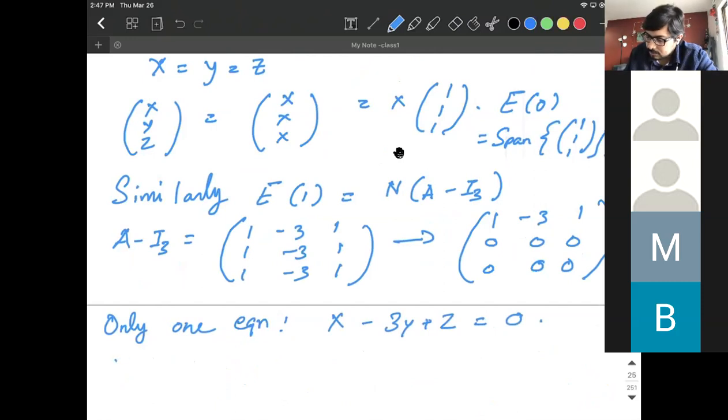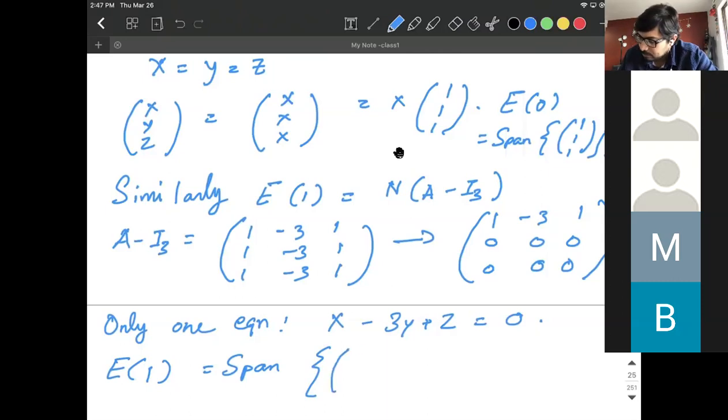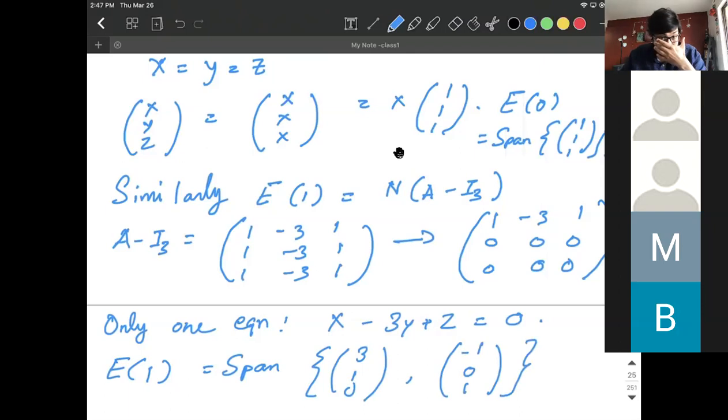So from this, you should figure out that E of 1 (sorry, not 2, but 1) is given by the span of the following two vectors: (3, 1, 0) and (minus 1, 0, 1). These are the two choices. You can have different choices, of course, but you should have two vectors which span E of 1.